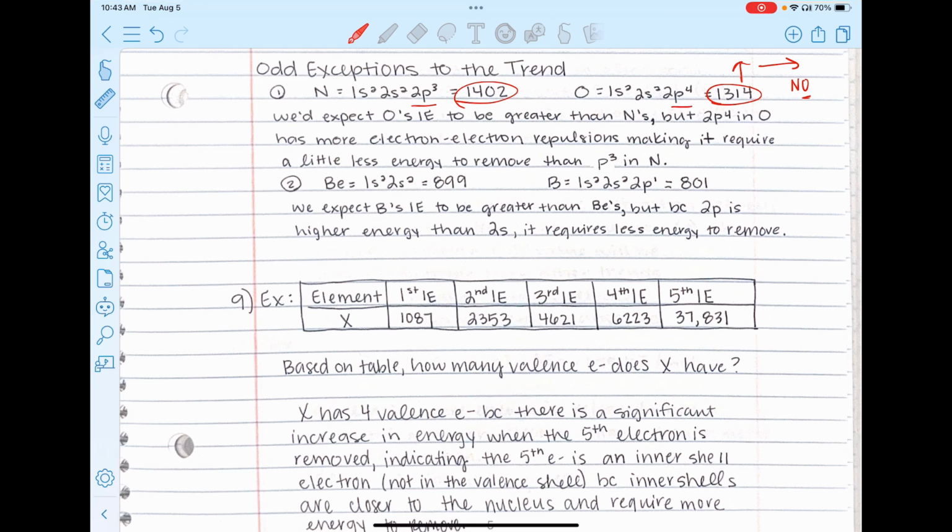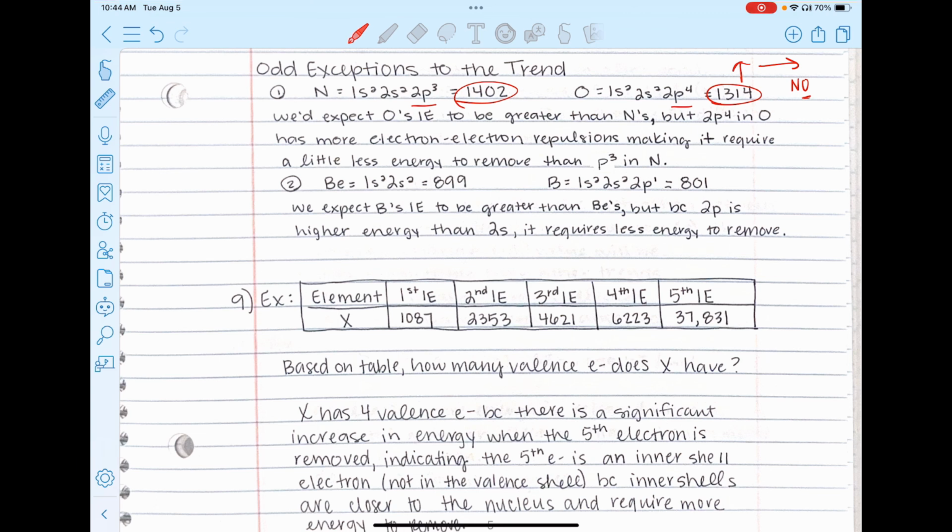Oxygen has more electron-electron repulsions in 2p4 than nitrogen experiences in 2p3, which means that because oxygen has more repulsions, it requires a little less energy to remove an electron than it does in the p3 in nitrogen. So that one's a little tricky. That's why you see a little bit of difference there. It seems like it doesn't follow the trend.